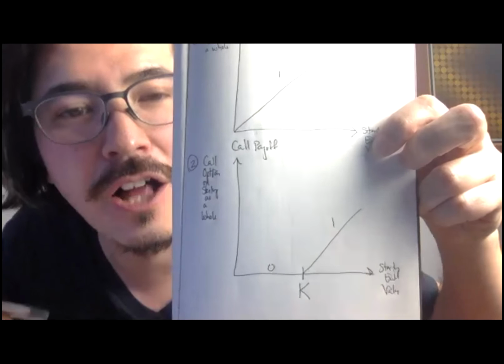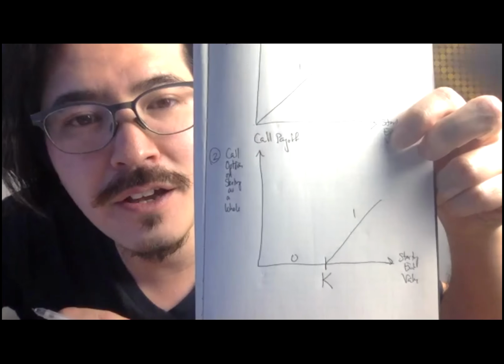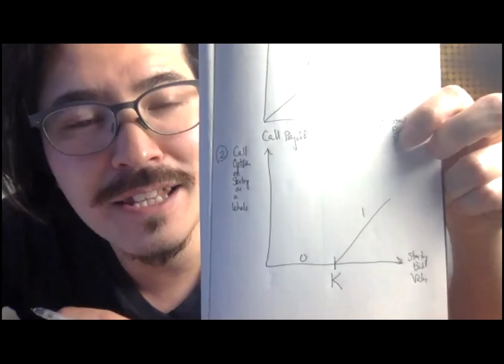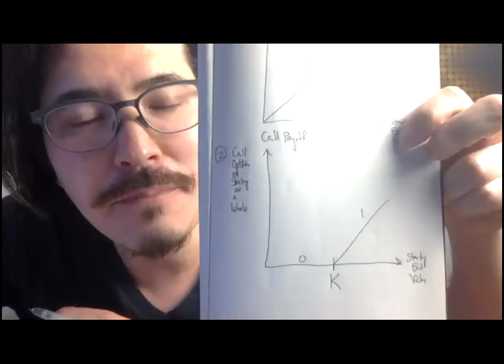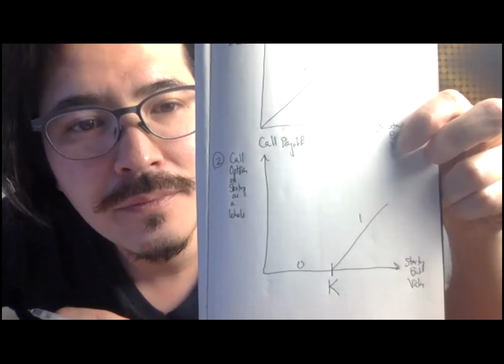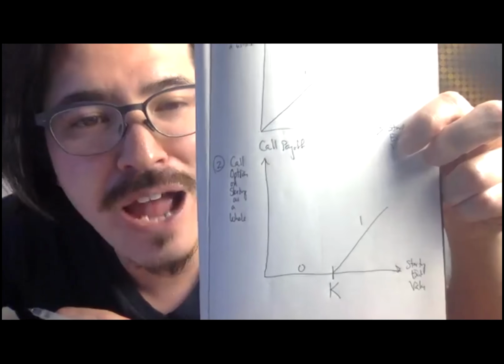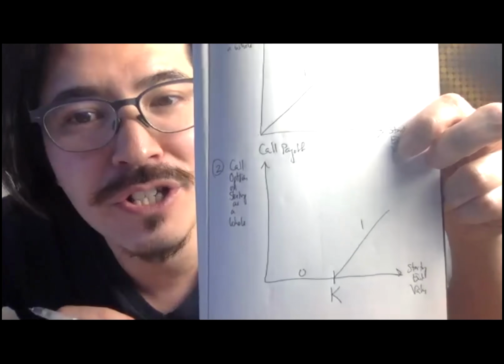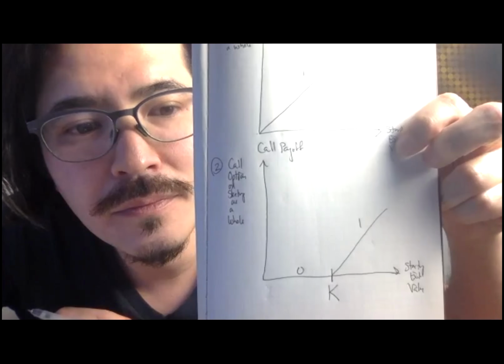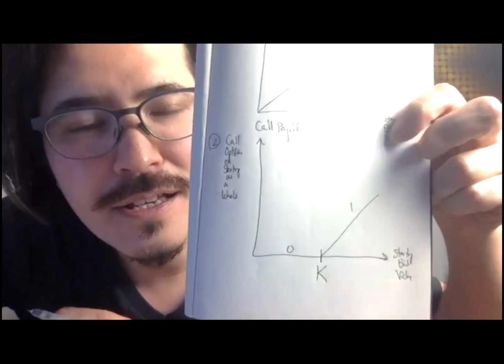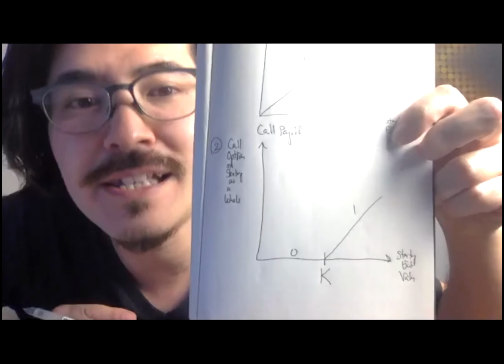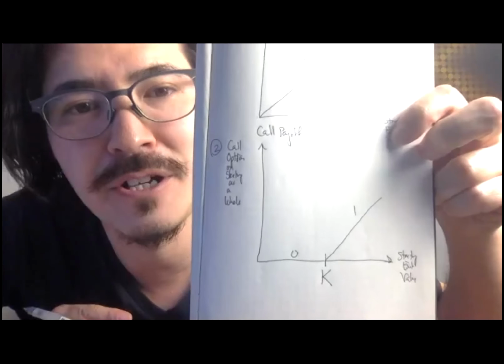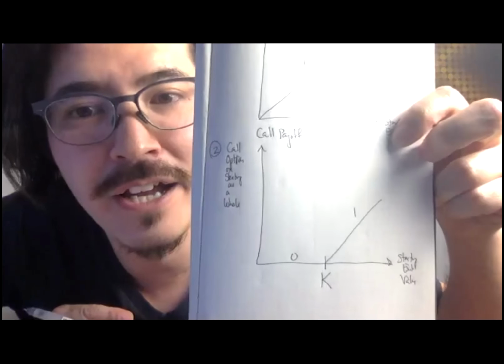But with a call option, if the startup as a whole is worth less than the strike price K, it pays nothing. And the moment it goes above K, for every dollar above K, you get $1 extra. I'm sure everyone has seen the payoff diagram of a call option.